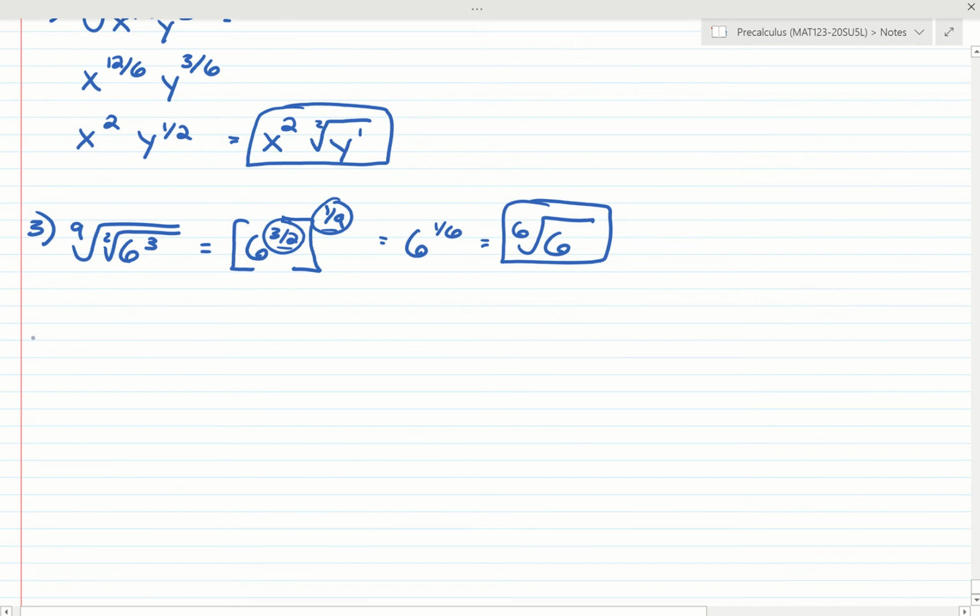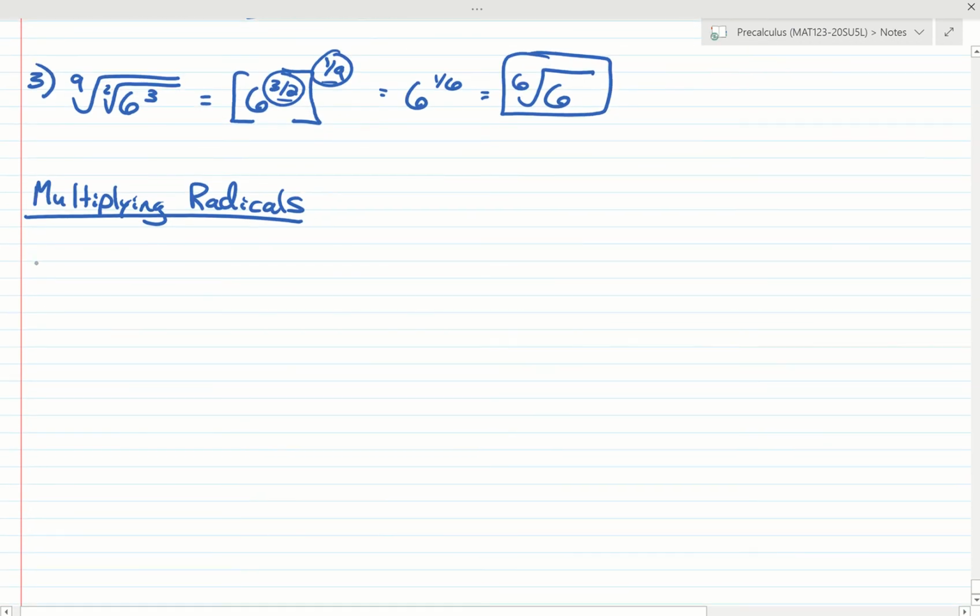Next, let's talk about how to multiply radicals. When we're multiplying radicals, it's the same thing as with anything else, but you want to multiply the outside numbers. So let me say it like this.